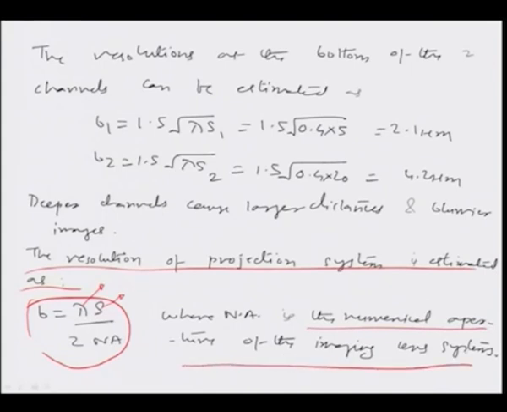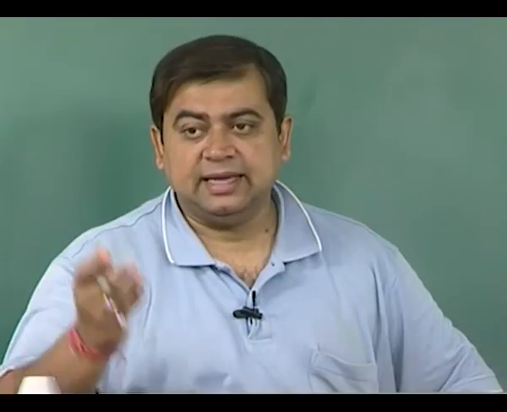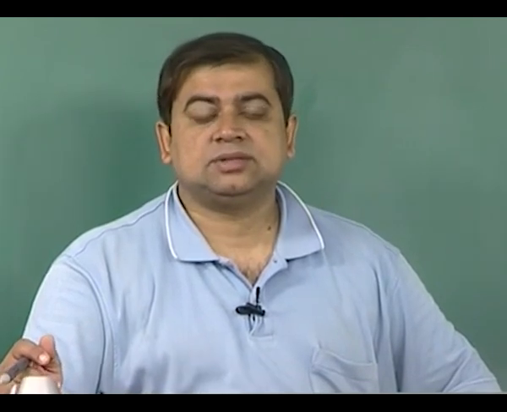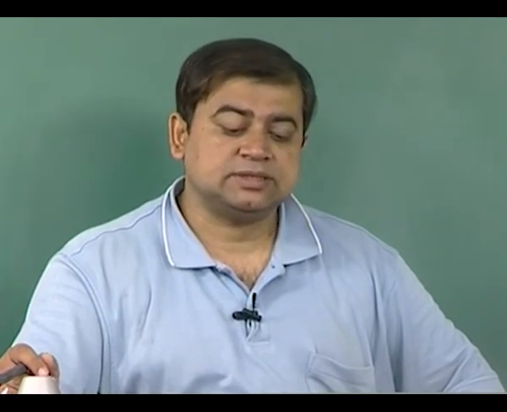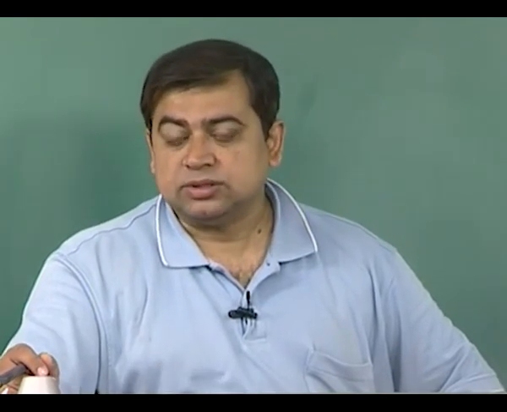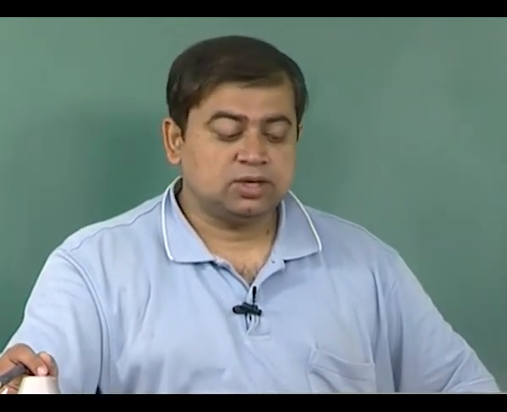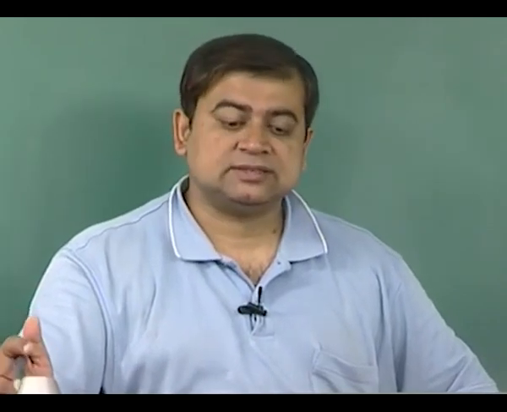Mind you, in projection lithography, you have to use expensive optics for guiding the light, so that there is no diffraction effect, because it comes through typically very long distances from small windows. So, a projection lithography system would have a resolution B expressed by lambda s by twice the numerical aperture of such a system.